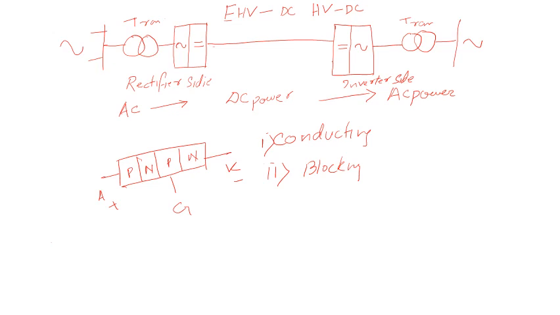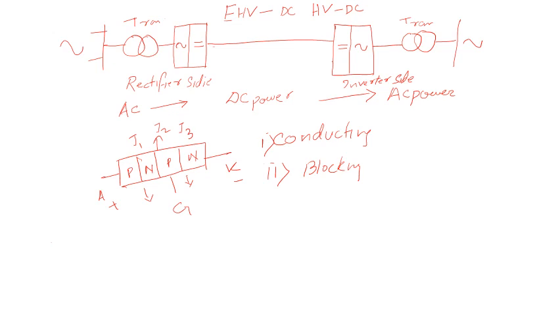There are three junctions, J1, J2 and J3. Out of these, J1 and J3 are forward biased, and J2 is reverse biased. That reverse bias is broken by your gate signal, so it provides low resistance.